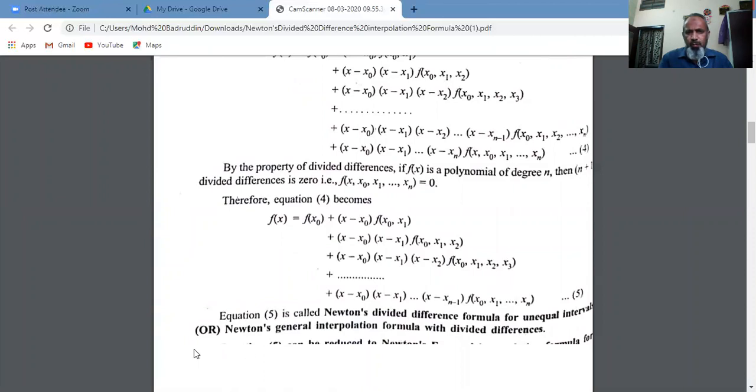So equation number 5 is called Newton's divided difference formula for unequal intervals, or we can also say that it is Newton's general interpolation formula with divided differences.